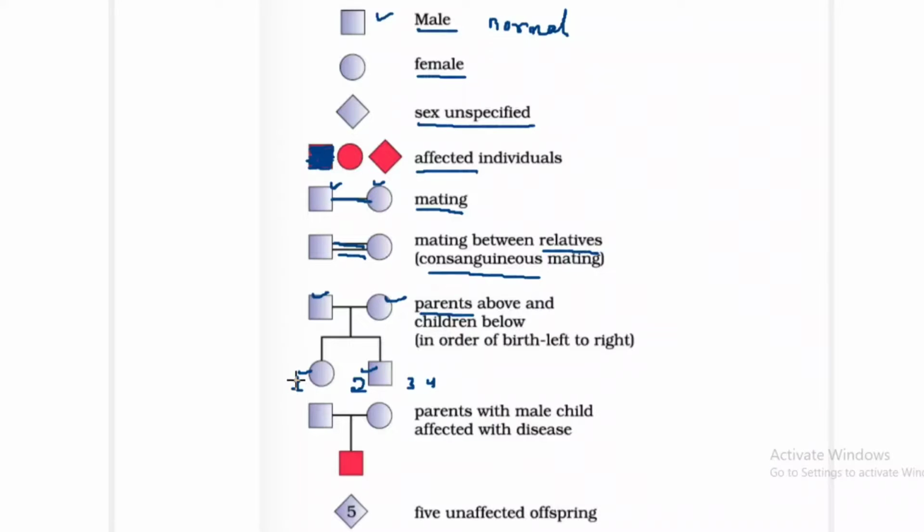So like that we do the numbering. Here is the 1, then 2, then 3, then 4. Then this child is an affected child, while the parents are not affected. And this one shows 5 unaffected offspring. This number shows the number of offspring.